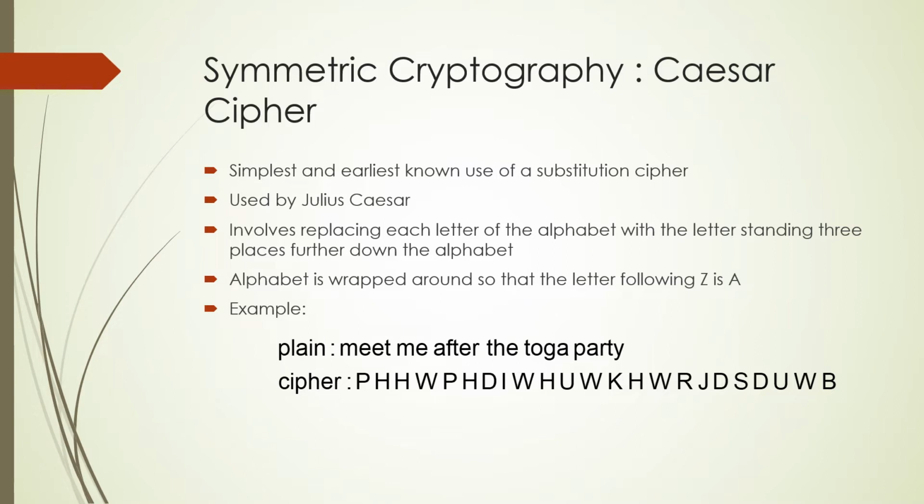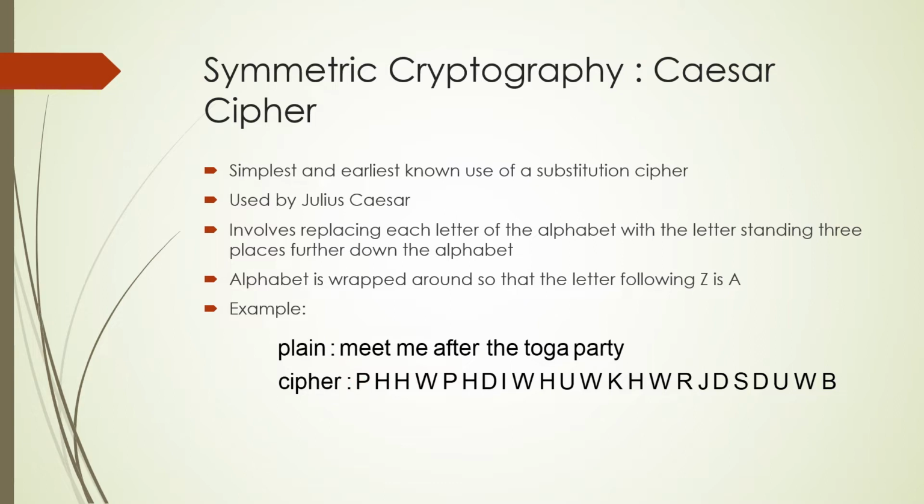Before we start talking about the modern symmetric cryptographic algorithms, let's talk about a very simple example of them, which is the Caesar cipher. I'm going to explain that using a very simple example. As you see here, if the plain text is "meet me after the toga party," the ciphertext looks like this.